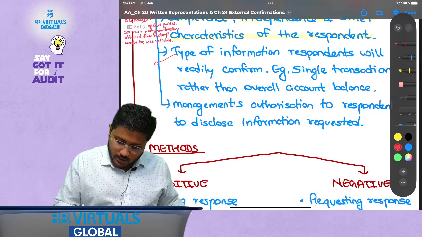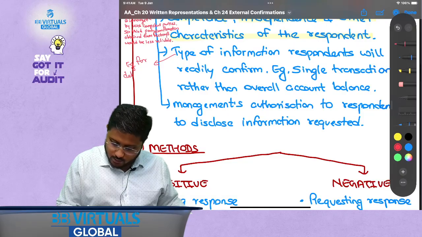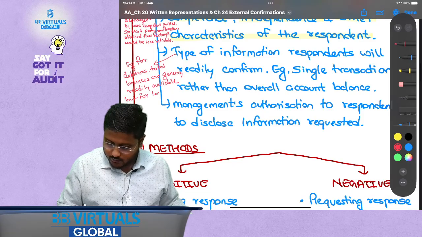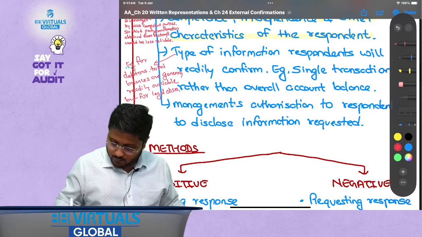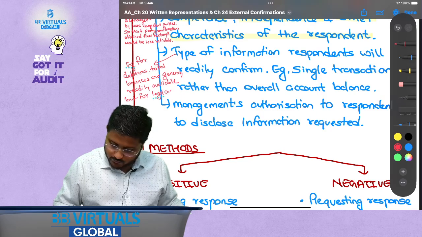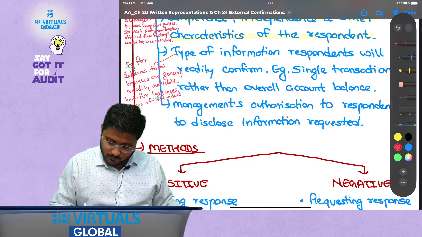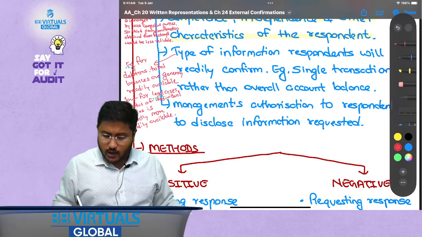So example, for debtors, total balances are generally readily available, but for legal cases, status of individual cases is generally more readily available. I hope this is clear.